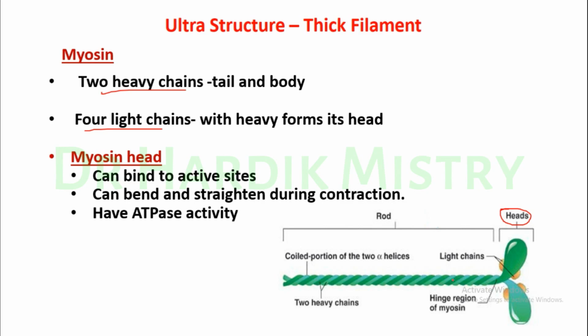The green colored structure you are seeing is the two myosin heavy chains, which are coiled with each other, and inside the head there are four light chains.